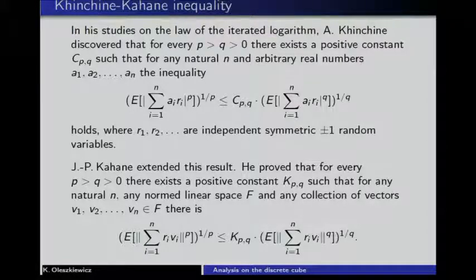So is there a Gaussian equivalent of that? There is. You can replace Rademacher's plus minus 1s by Gaussians, and then it's known that these two constants are exactly equal. Of course, in the real case, for Gaussians, you have equality instead of inequality, and it's just the ratio between the pth and qth norm of the standard Gaussian random variable.